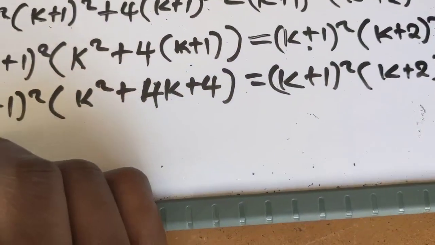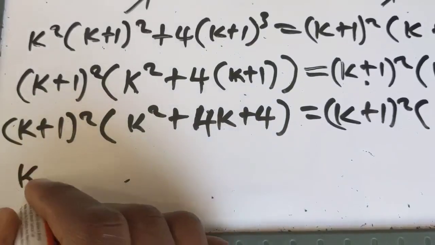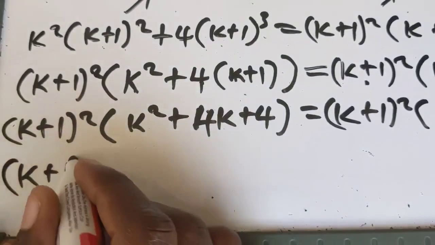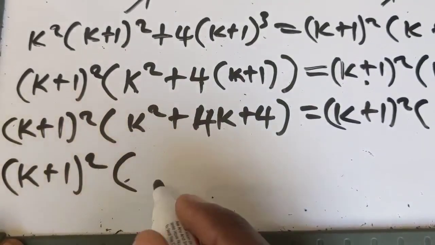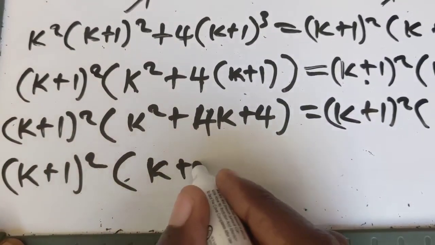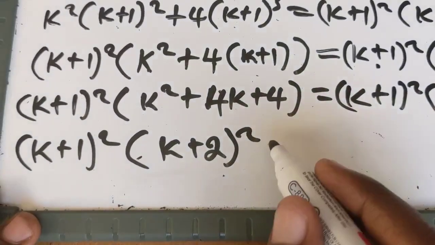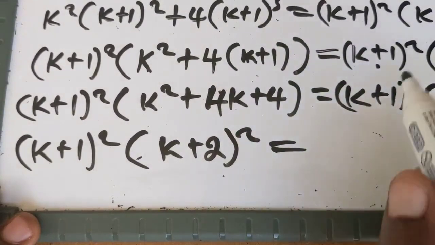So we are going to say this is k plus 1 to the power 2 plus the answer that we had found. So the answer is k plus 2 to the power 2. Is it equal to this side?